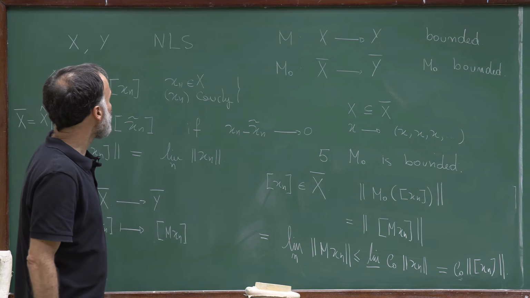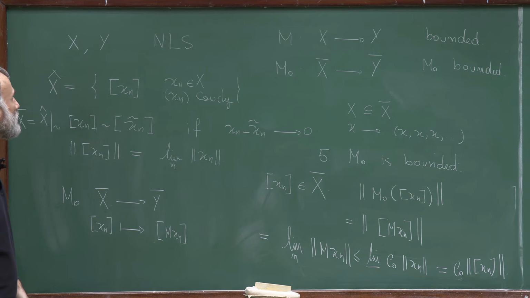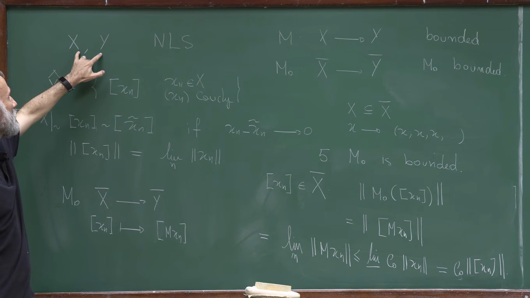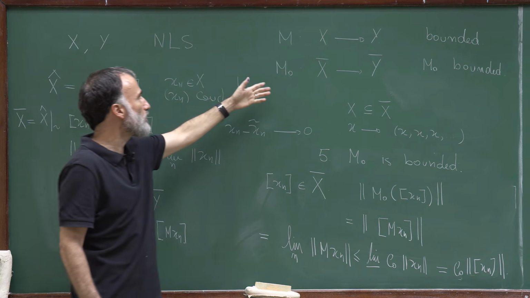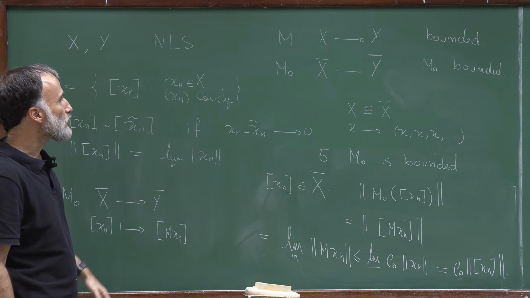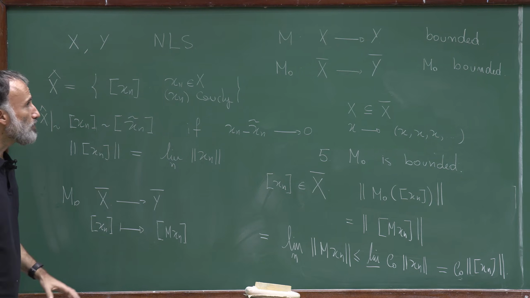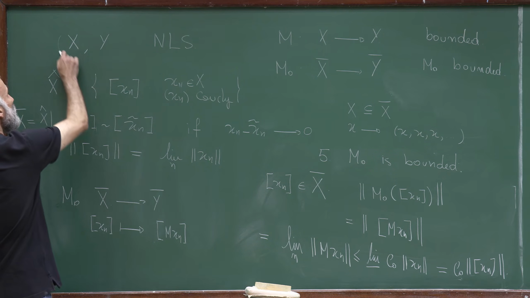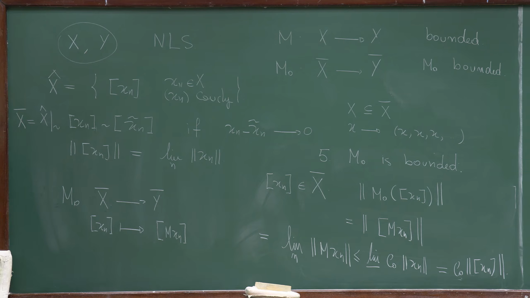And therefore, there is no loss of generality if we assume from the beginning that x and y are complete. Because if they are not, we can complete them and we can extend the bounded linear map. So for this reason, from now on, I will always assume that x and y are Banach spaces.